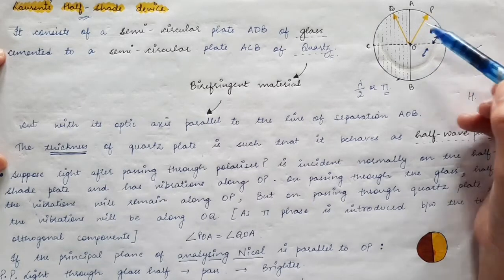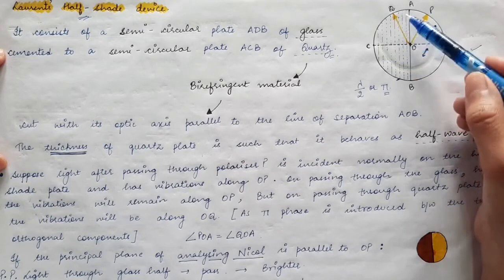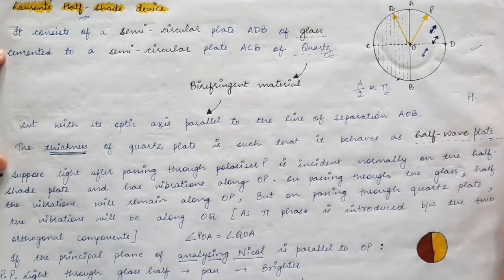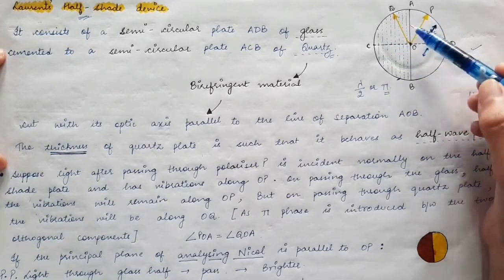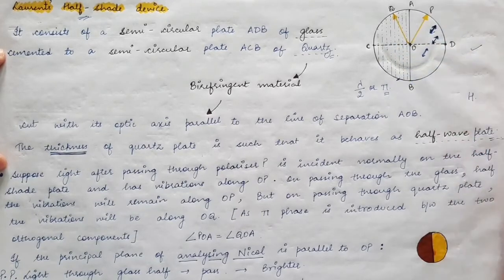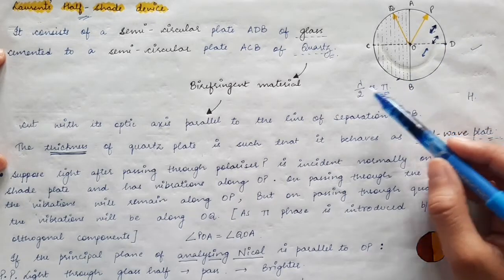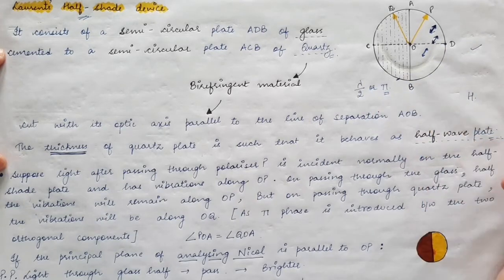But when the same light falls on this other half portion of the plate, which is made up of quartz, and quartz is a birefringent material, it will introduce a phase difference of pi, or you can say a path difference of lambda by 2.